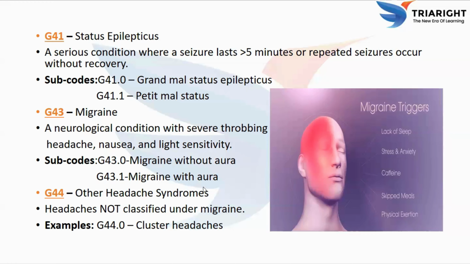So what do you mean by aura? It's a warning sign. The headache happens without warning signs in G43.0, and the person gets an aura before the headache in G43.1, such as visual flashes, zigzag lines, blind spots, tingling, etc.